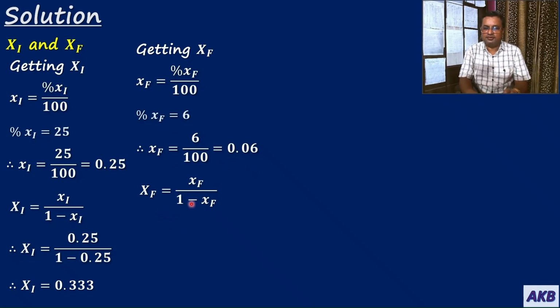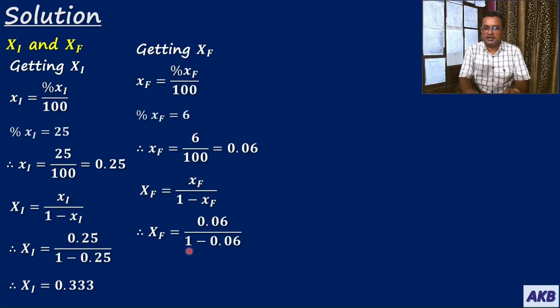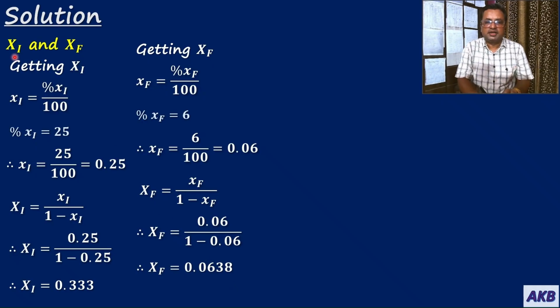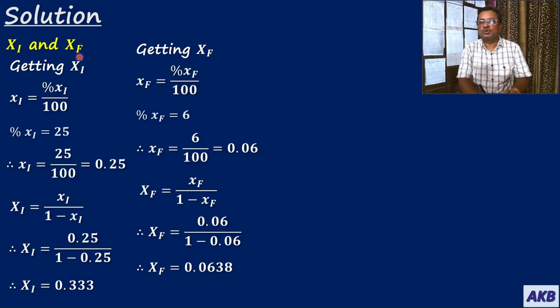Therefore, capital Xf will be small xf divided by 1 minus small xf. That is, capital Xf is 0.06 divided by 1 minus 0.06, and that gives us capital Xf as 0.0638. So in this way, we have got capital Xi, and then we have also got capital Xf.